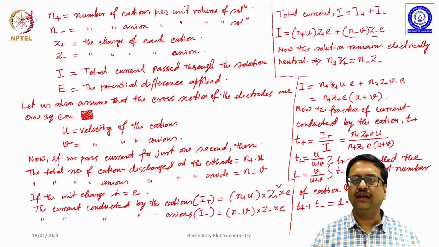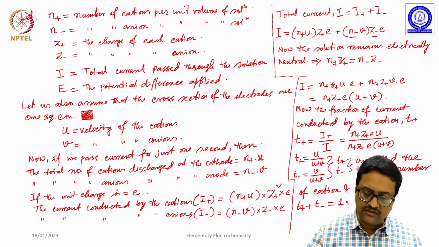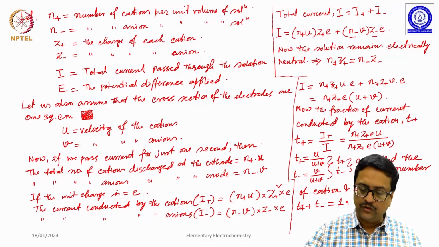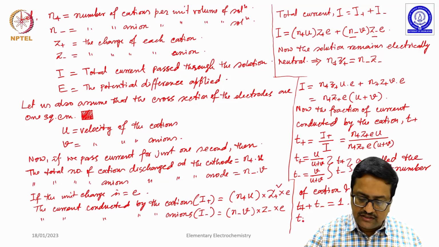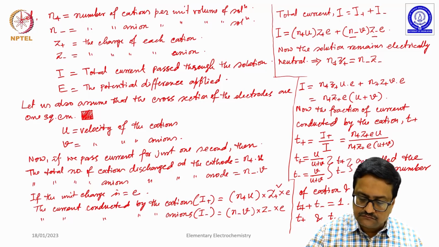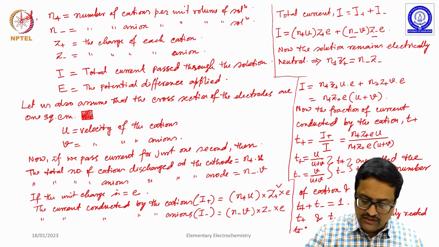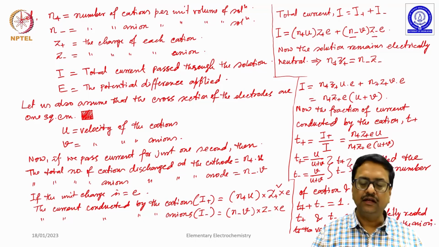So, it is easy to calculate transport number of one if you can calculate the transport number of the other, because the sum of those two is 1, and these transport numbers T plus and T minus are directly related to the velocity of the cation and the anion, right.